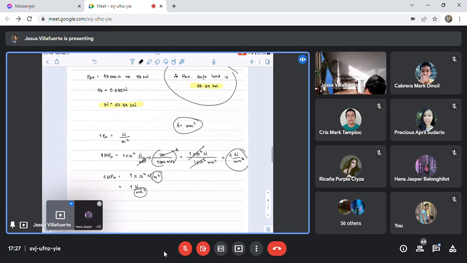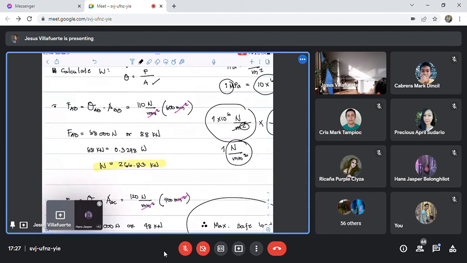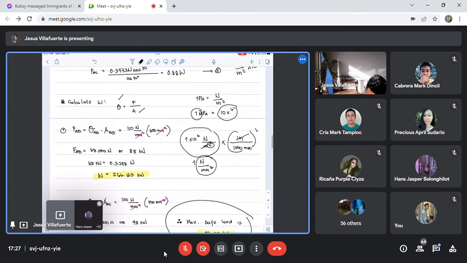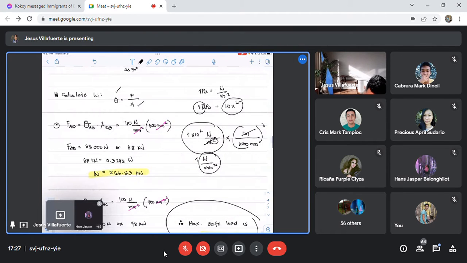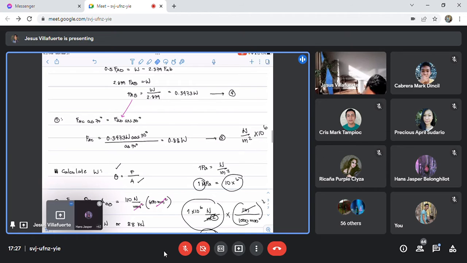That is FAC, not yet the stresses. For this one, FAB, that is 0.3473.